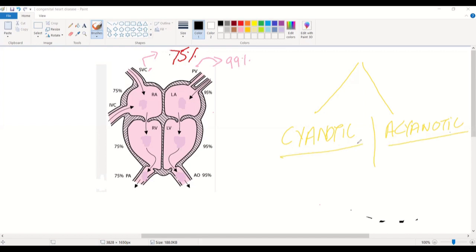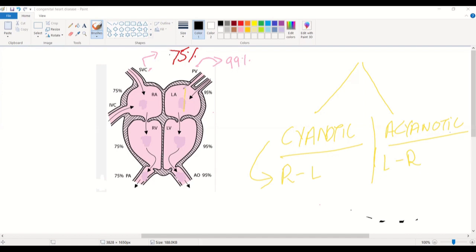Before discussing these diseases in detail, first we need to understand the types of shunt. In cyanotic heart disease, the shunt will be right to left, and in acyanotic heart disease, it will be left to right.